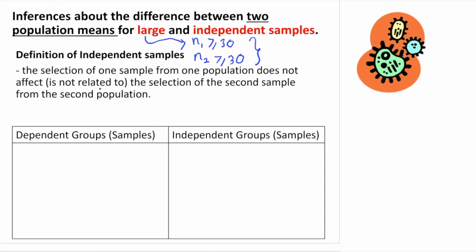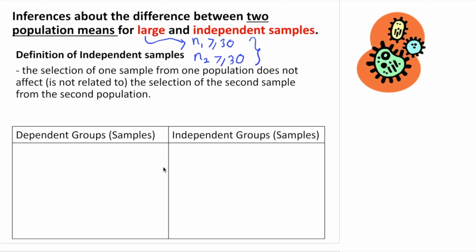And next, we are going to discuss the definition of independent samples. It is when the selection of one group of sample does not affect the selection of the second group of sample. I would prefer to illustrate the term independent and dependent groups with an example.